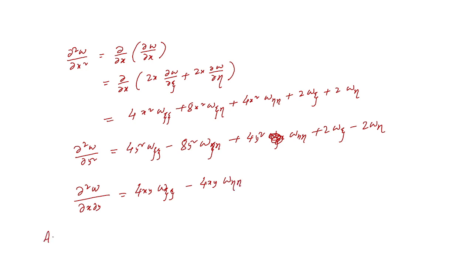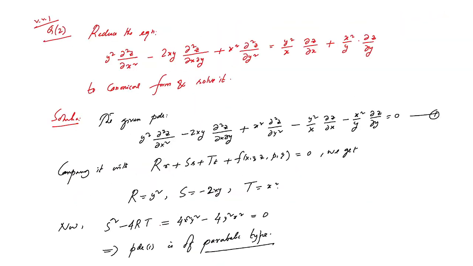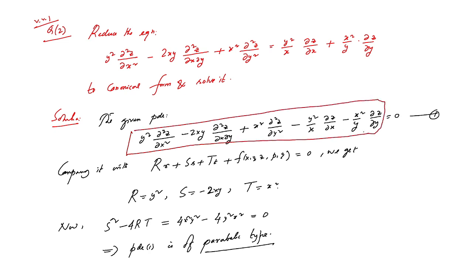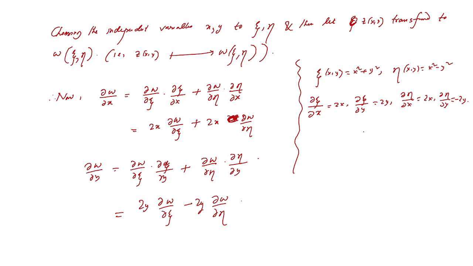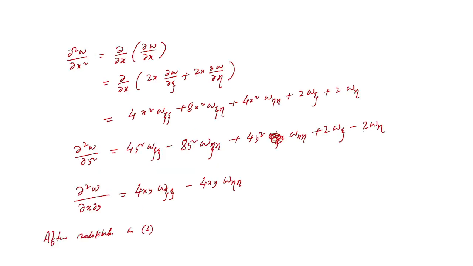After substituting all these values in the given equation 1, we get 16x²y² ω_ξη = 0.